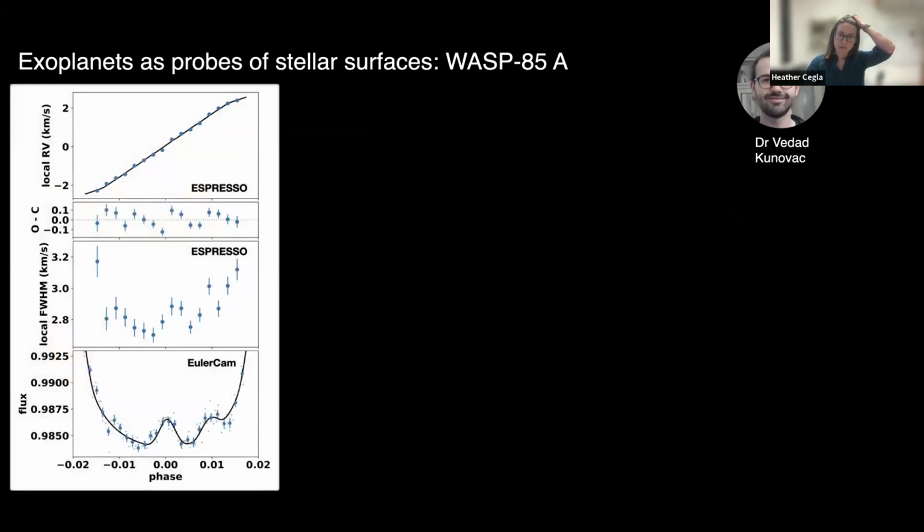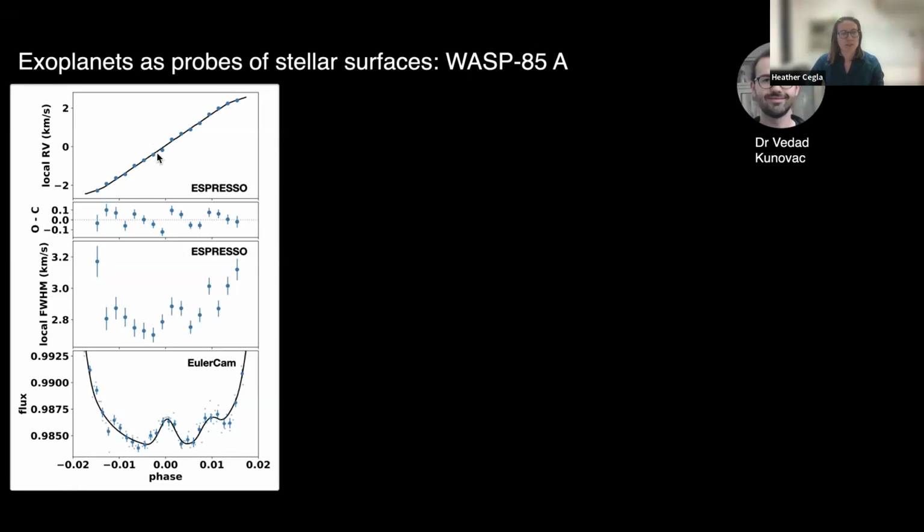Now I'm showing you some work he did looking at the reloaded RM. This is the local RV behind the planet, and these are the residuals that go along with this solid body rotation model. In the middle panel, I'm showing the local full width half max of the local cross correlation function that represents the starlight behind the planet, and also the EulerCam photometry for reference.